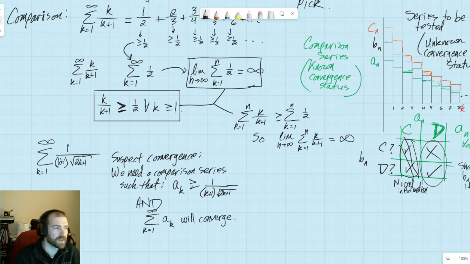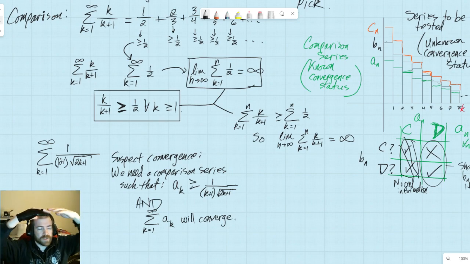So we need something that acts the same way as what we suspect. And then we have to determine, does it need to be higher or lower? Again, if we suspect convergence, then it needs to be higher than this function and hold it back down. If we suspect divergence, it needs to be under our function and it needs to force it out into infinity.